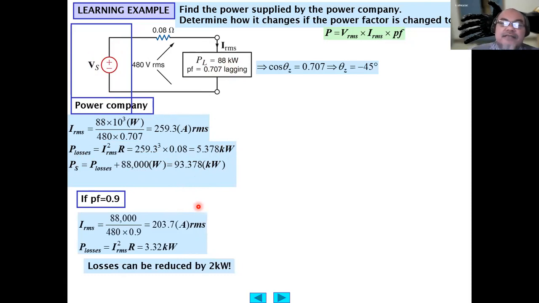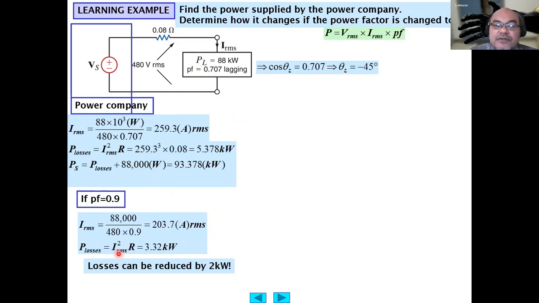Now, if the power factor is increased to 0.9, then the Irms will equal 88 kilowatt divided by the Vrms, 480 volt, divided by the power factor 0.9. And then we obtain a smaller Irms, 203.7 ampere RMS. The losses at the cable will also be smaller because of the smaller current.